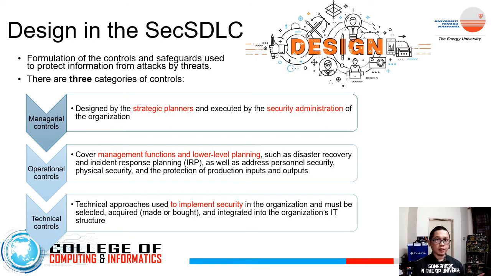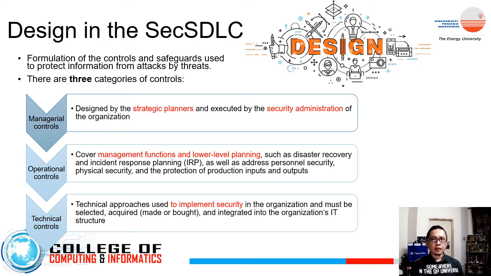Followed by the operational control, this includes, in terms of operation in the long run, whether you have proper security recovery if some incident should happen. Do you have the proper people ready to take action should something happen with regard to the asset that you want to protect? And lastly, you look at the technical control to protect your asset.